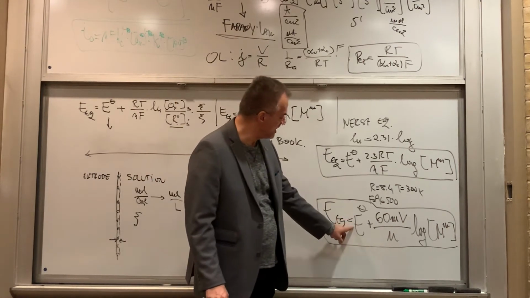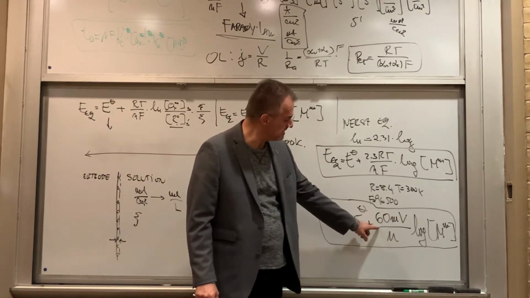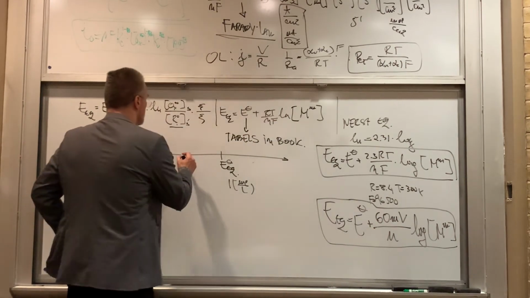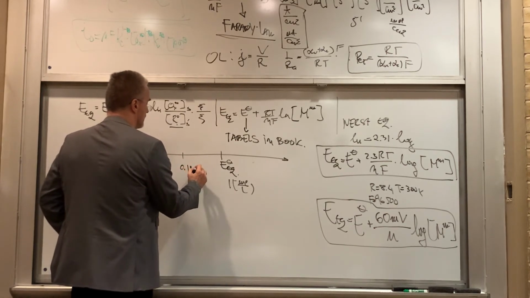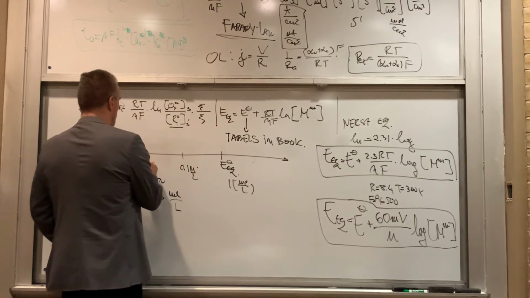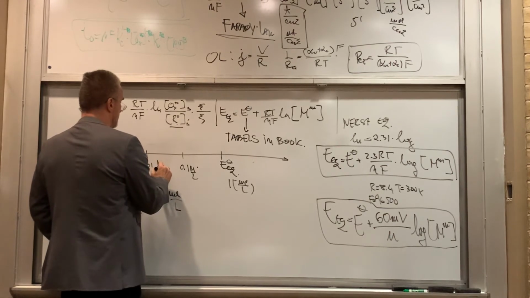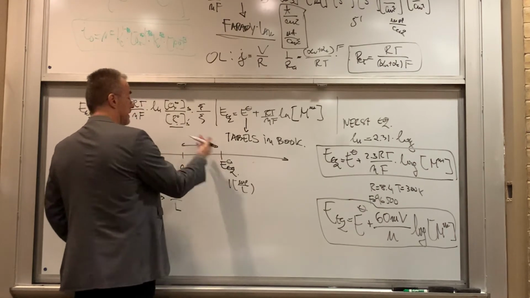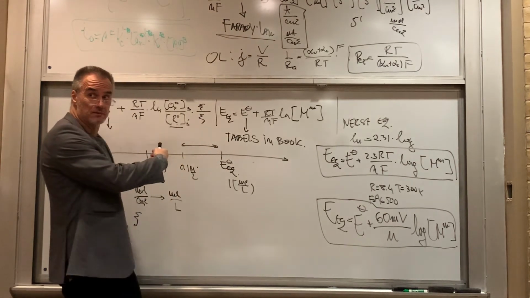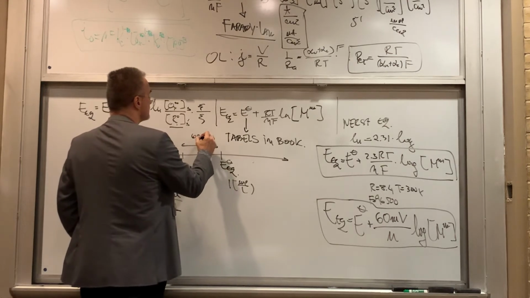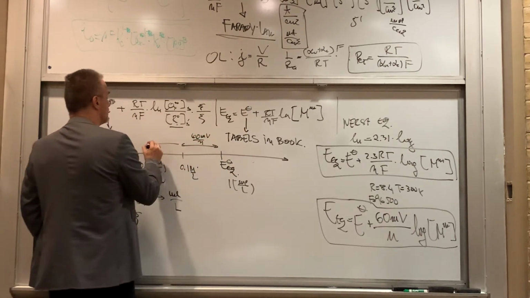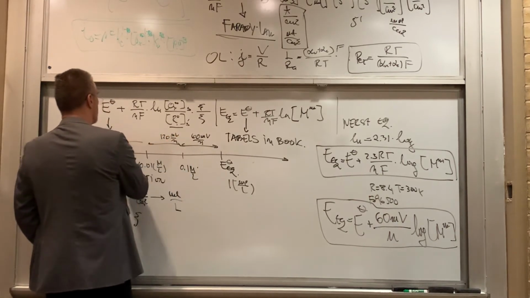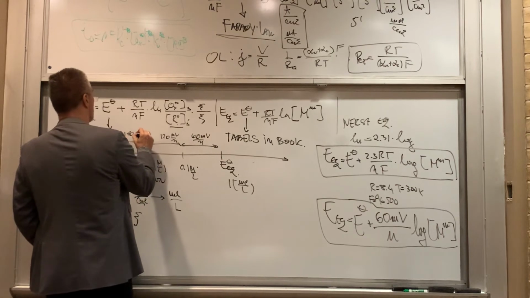So it's going to be the standard conditions potential minus 60 millivolts divided by n. So this is 0.1 molar, and this is 0.01 molar concentration. And this is going to be shifted in the negative direction, because it's smaller, by 60 millivolts over n, and here it will be 120 millivolts over n, or 180 millivolts over n.